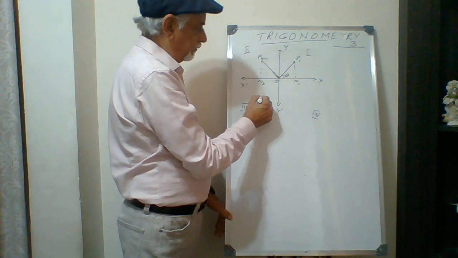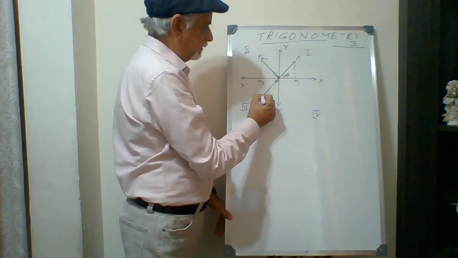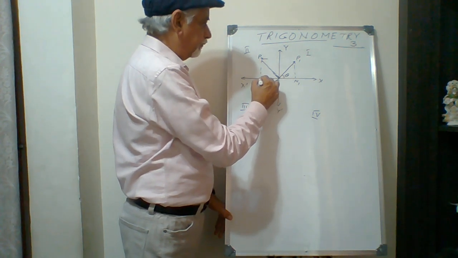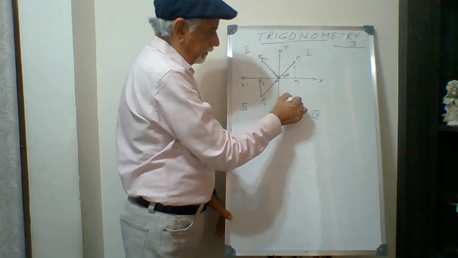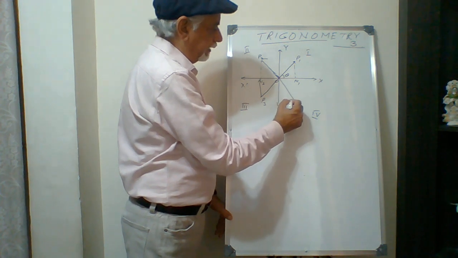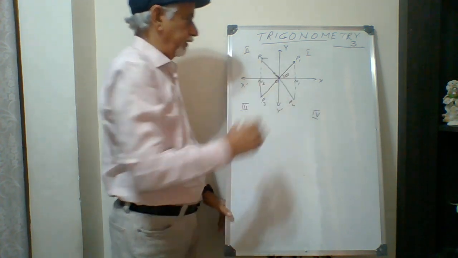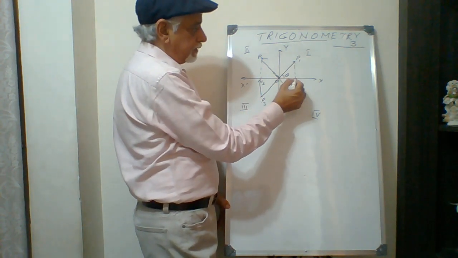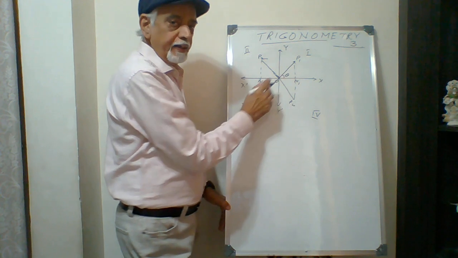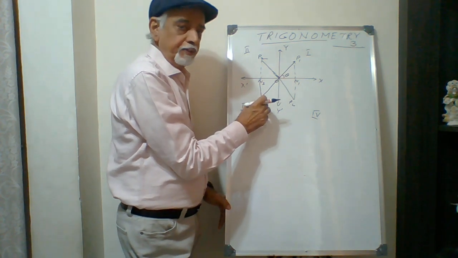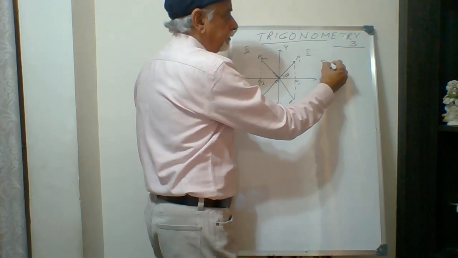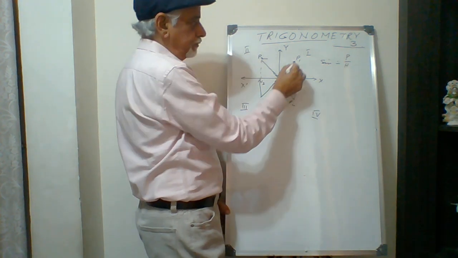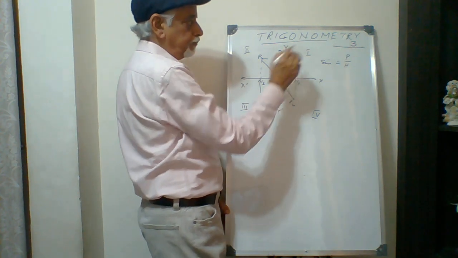Now taking another ray here, calling this P3, drop the perpendicular here, and similarly take another ray here calling it P4, drop a perpendicular here. Now looking at this, you see OP is always positive, this is positive, this is positive. So all the ratios of trigonometry will be positive because sine, we know, is equal to P by H, perpendicular over hypotenuse. This is the perpendicular, this is the hypotenuse, both are positive.